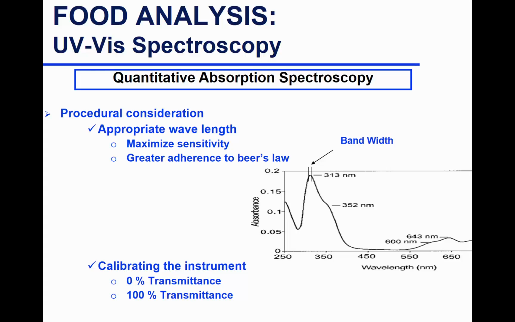It's basically a slit that allows diffracted light of a single wavelength to pass. Sometimes it's not really single, it is multiple wavelengths, but very close to each other. They vary maybe by 1 nanometer or 2 nanometers. Okay, so that's why we call it bandwidth.